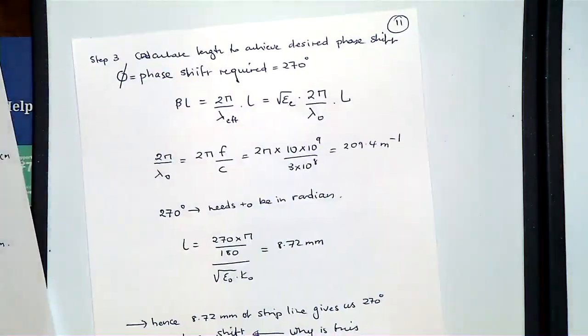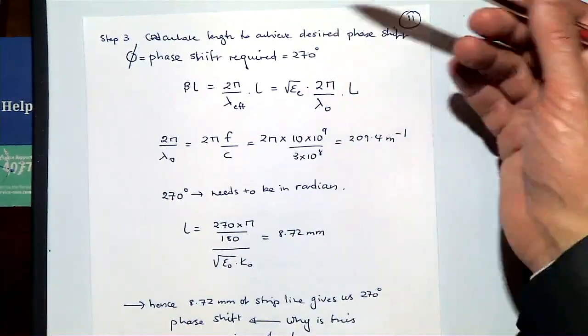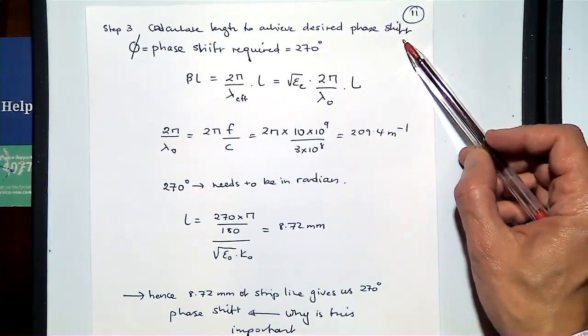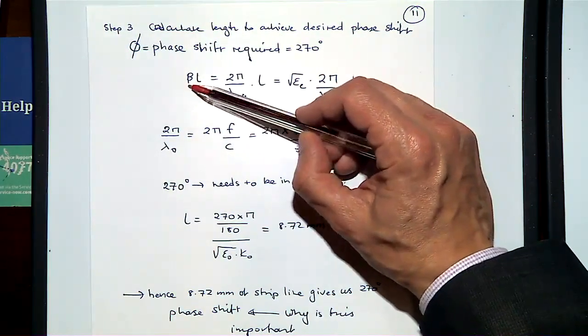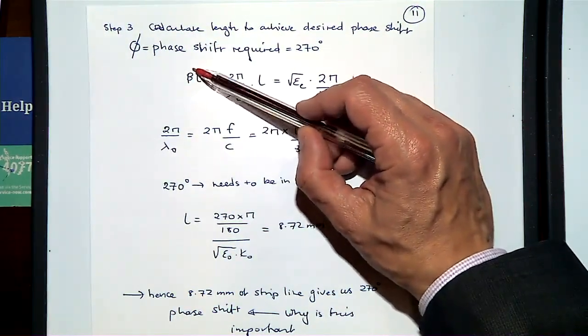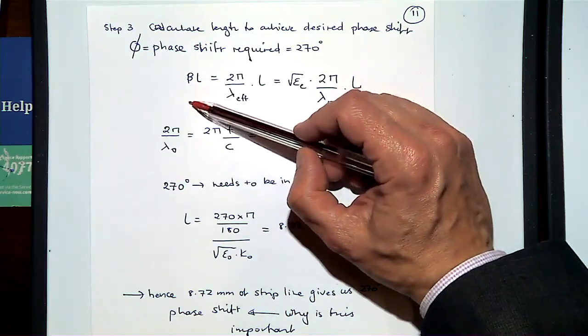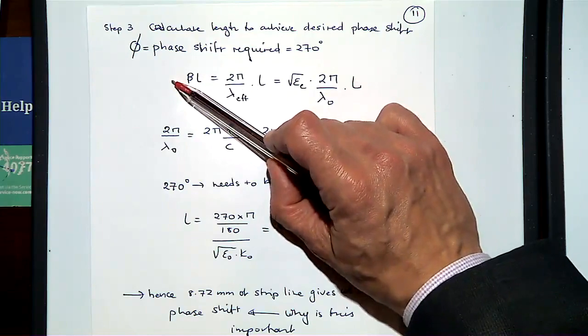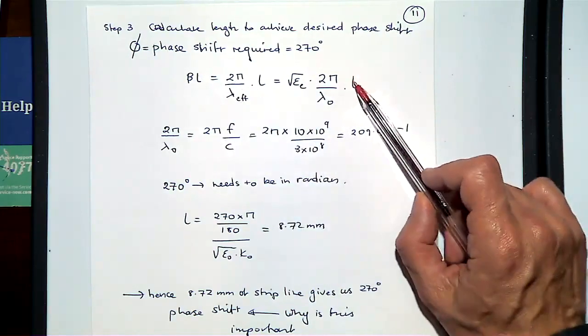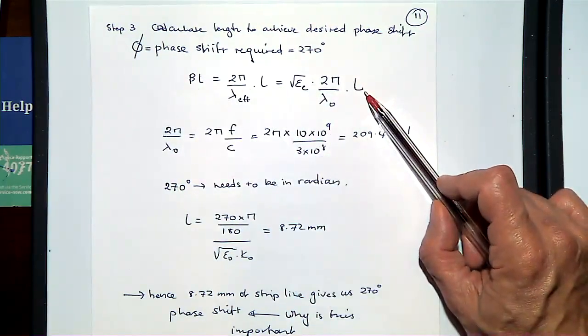Now, once we've done that, we can work out our phase shift. We know that beta L, which is 2 pi on lambda effective, which is lambda on square root of epsilon, is our effective phase change.